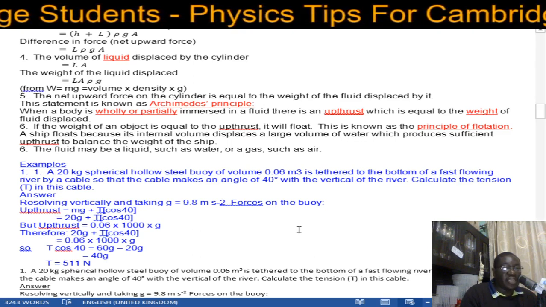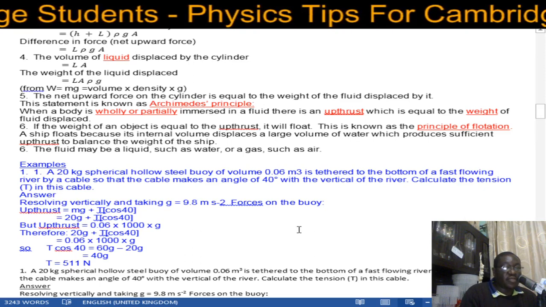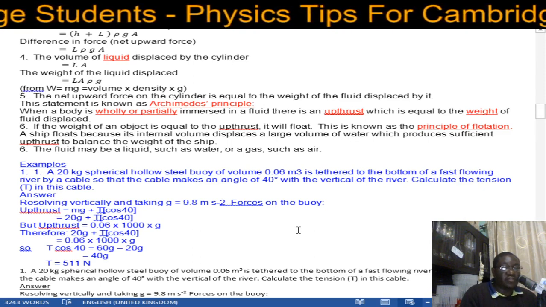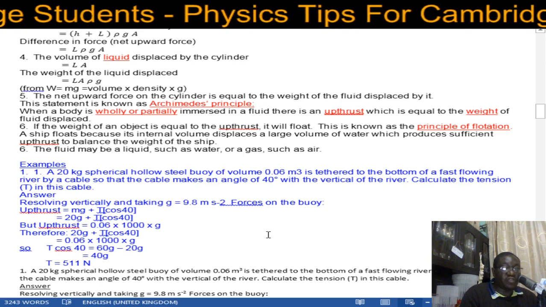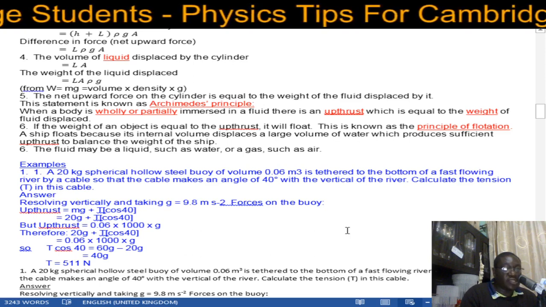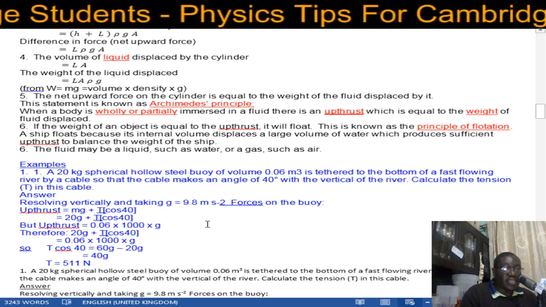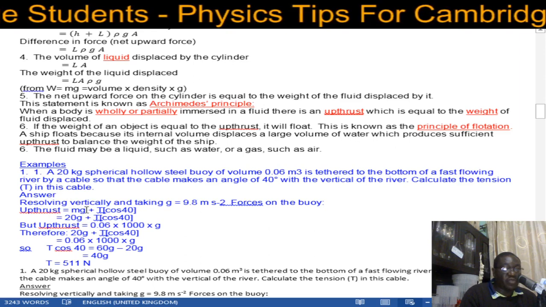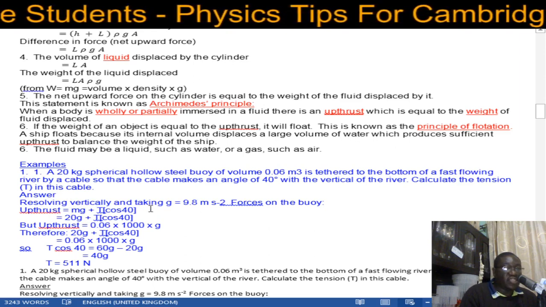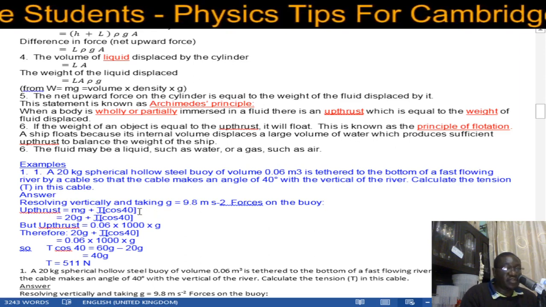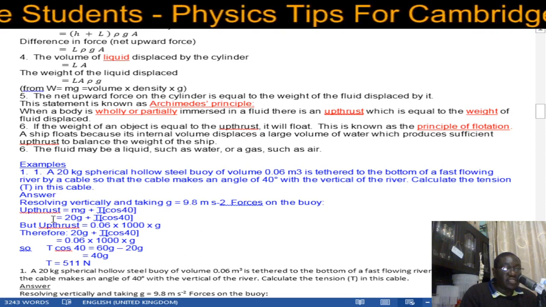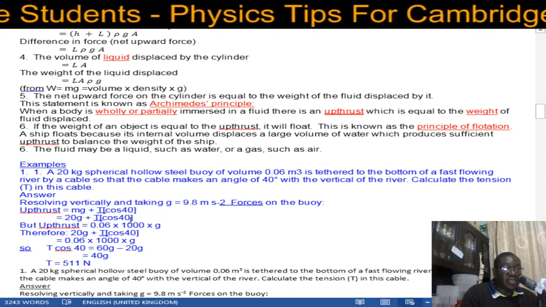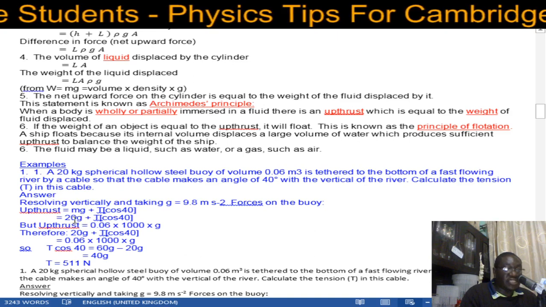Now, it makes an angle with the vertical of 40, which means if you are resolving to the vertical, it is a cos. So we can say that the upthrust will be equal to the weight plus T cos 40, to the vertical. So upthrust is equal to 20g plus T cos 40, where g is the gravitational field strength.